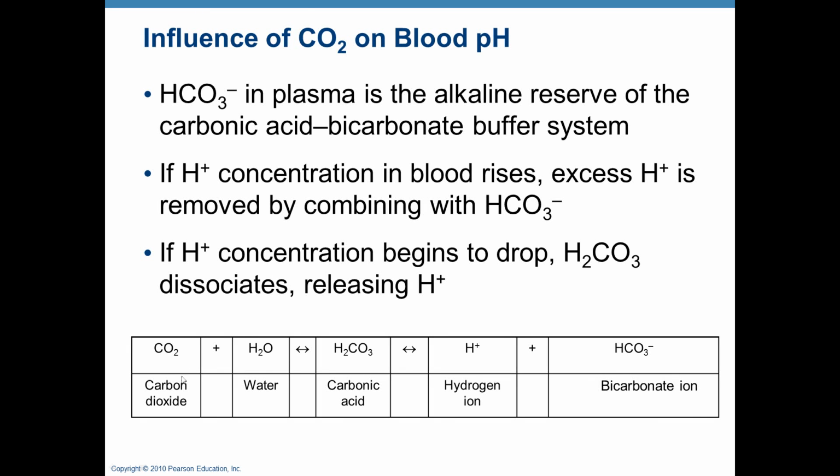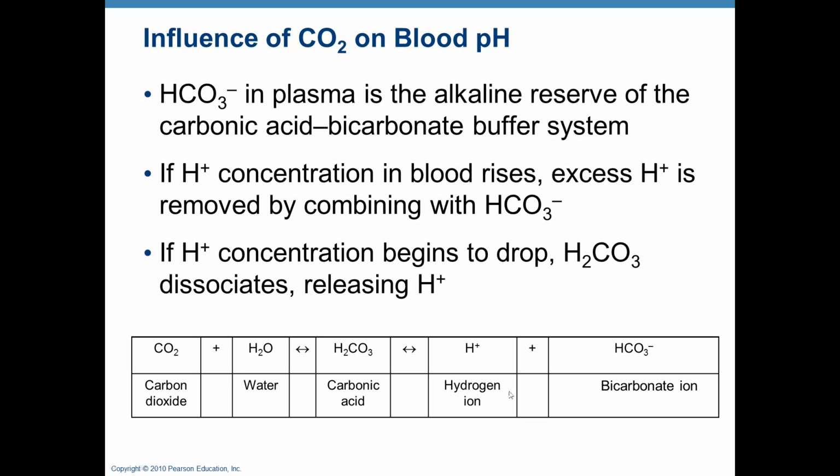So if you have more carbon dioxide around, things tend to move in this direction. But let's say you have an excess of hydrogen ions around. Your body fluid pH is dropping. It's becoming more acidic. That means you've got more of these. Well, luckily, these bicarbonate ions are very good at soaking up those extra hydrogen ions, because this chemical reaction can go in both directions.